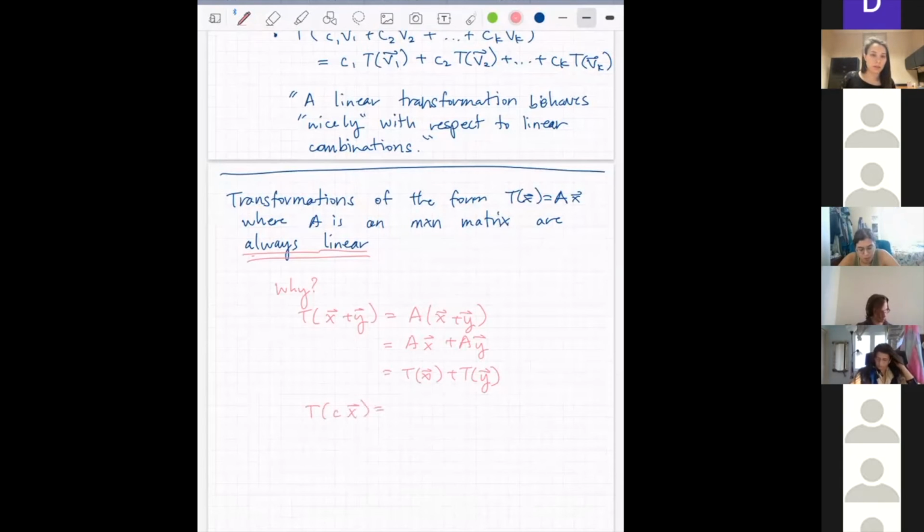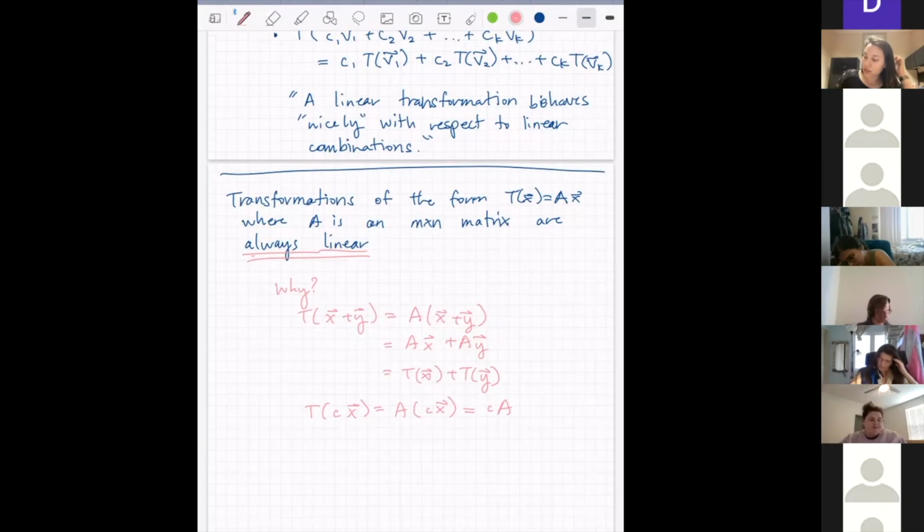When we have something like this, this is A times C times X. This was again a property that we talked about before. So we can pull that scalar out, and this is equal to C times A times X, which is just C times T of X.